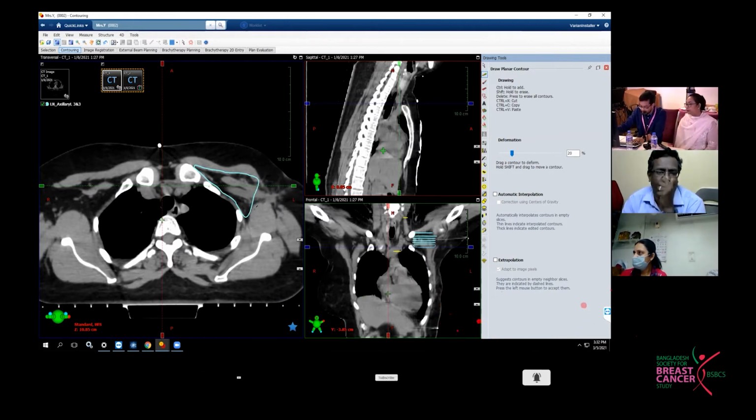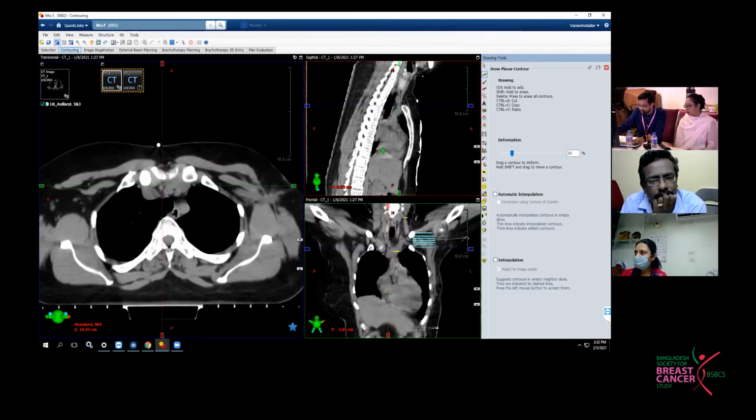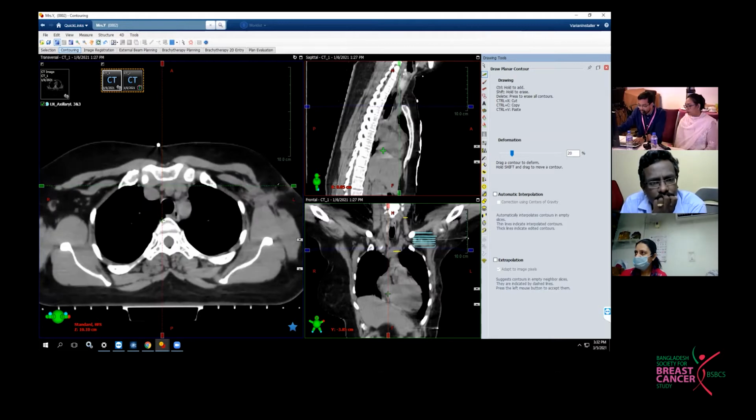And the caudal, inferior border will be where the axillary vessel crosses the lateral edge of the pectoralis minor. So this is the caudal border of axillary level 2.